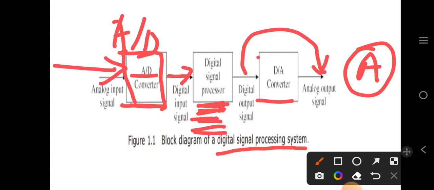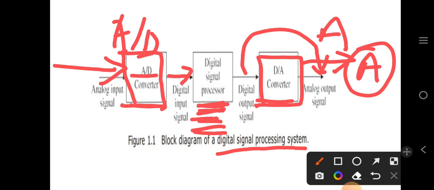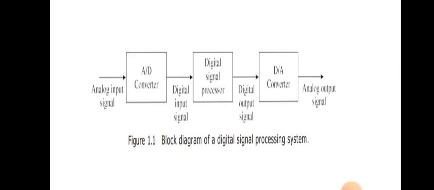For this purpose we use a D to A converter, which converts the digital signal into an analog signal, and this analog signal is taken as the output from the DSP system. So basically remember three blocks: first the A to D converter, then the DSP, the digital signal processor, and then the D to A converter. This is the basic concept of digital signal processing.